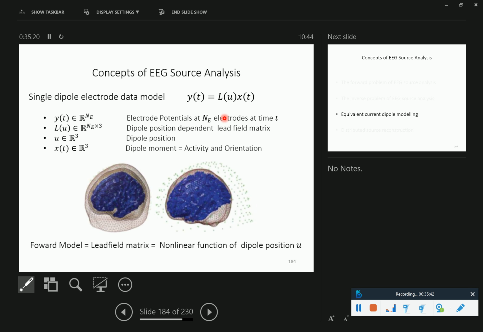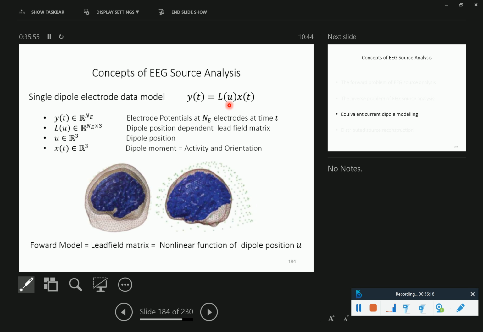The question is now, do you try to explain your actual observed data with a few dipoles that linearly superimpose, or do you use not a few dipoles but dipoles at all different locations, where you don't have to estimate this U parameter anymore? That's the difference. But the dipole model is the same, and it's the one that I show there.